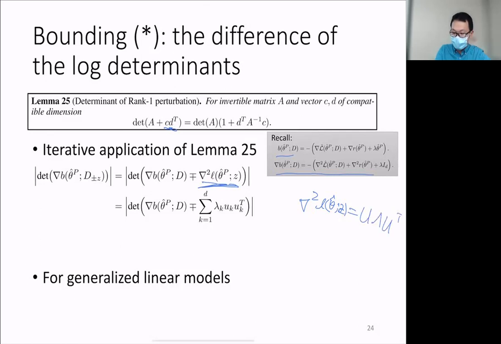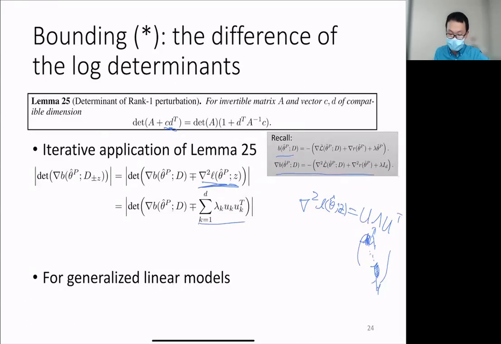This is a diagonalization of this D by D matrix into this form, a diagonal matrix of lambda 1 to lambda D.